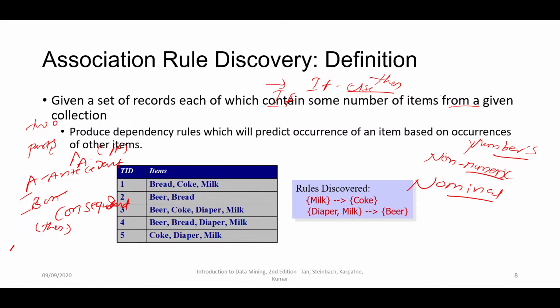Antecedent is something that is found in the data, and consequent is an atom that is found in combination with the antecedent. For example, here you can see the data table. Bread, coke, milk are the atoms. Then in the second ID, beer and bread are the items, coke, diaper, milk, etc. Some items are there, for example someone is trying to buy these items.